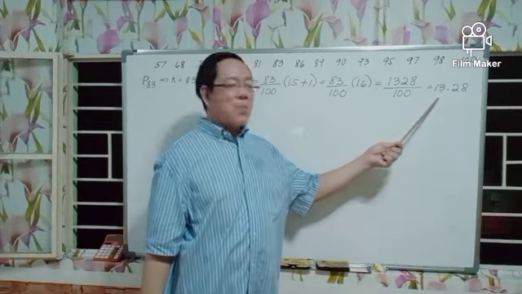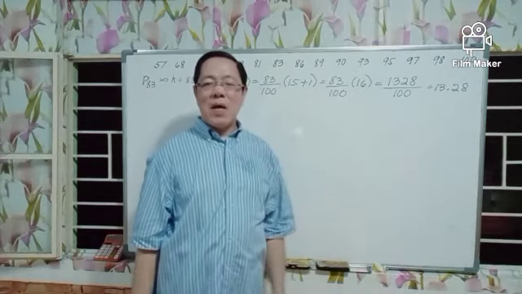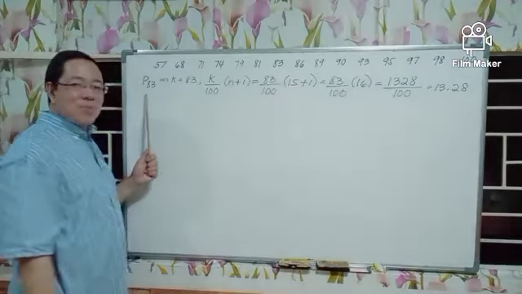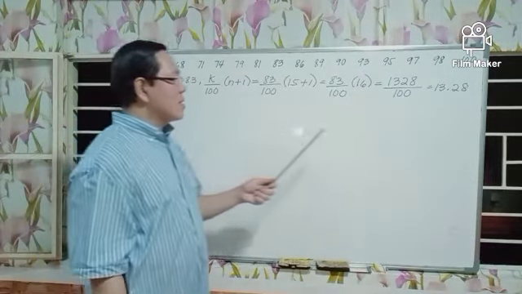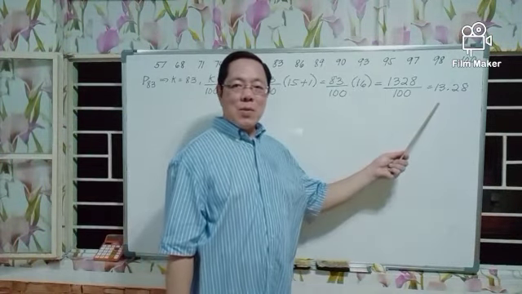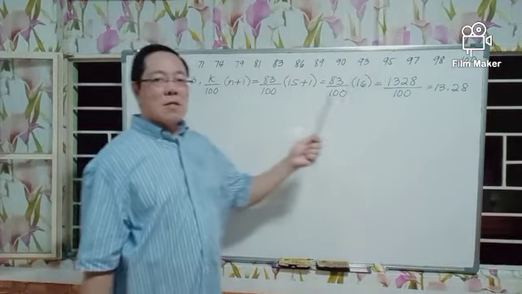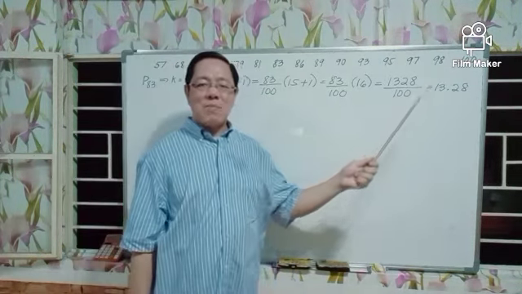And we interpret 13.28 as follows. We say that the value of the 83rd percentile is between the 13th value and the 14th value in this set of numerical values.